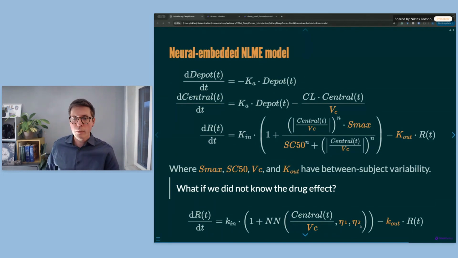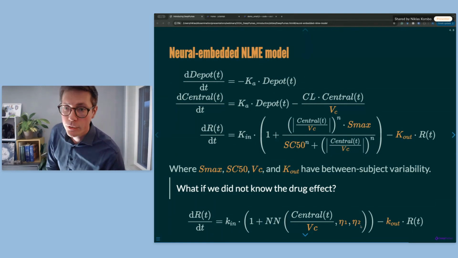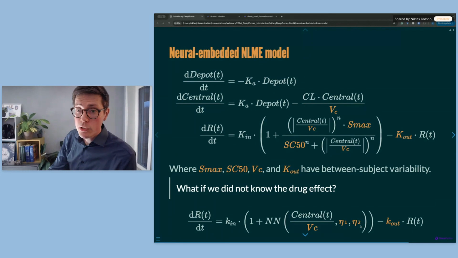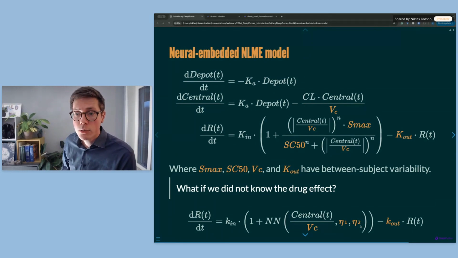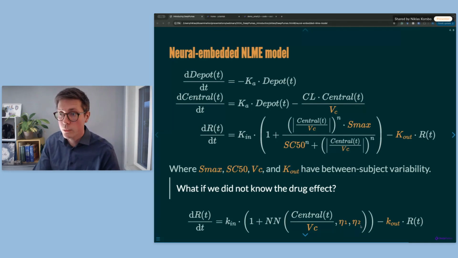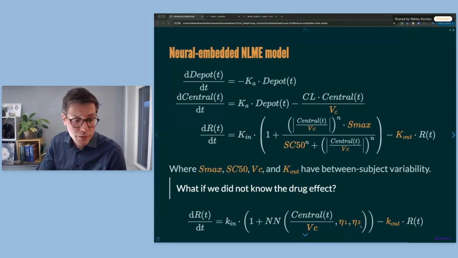And so it doesn't make sense for us to try to pre-process these random effects. We just add them straight in. So eta 1 and eta 2 are typically standard normally distributed random effects that we add in. And then the neural network needs to figure out itself how to utilize this in order to have good effect.